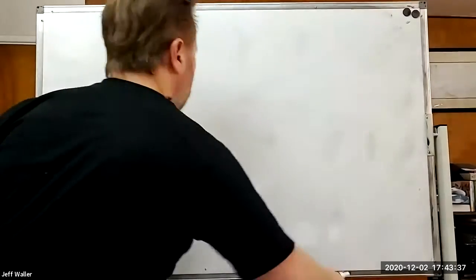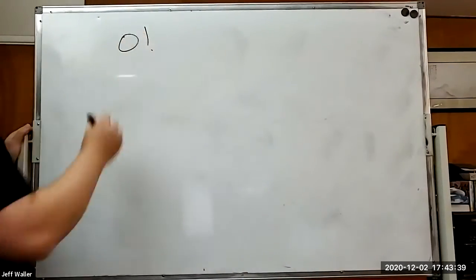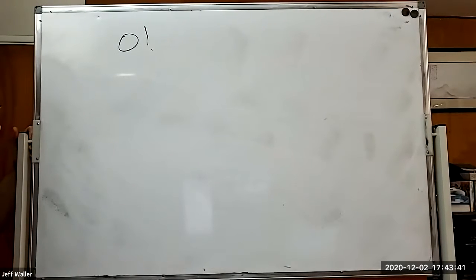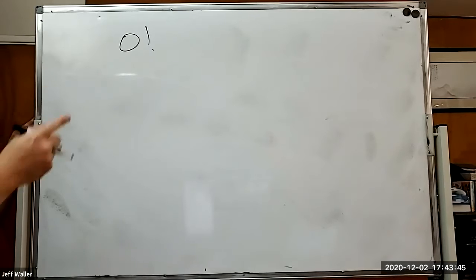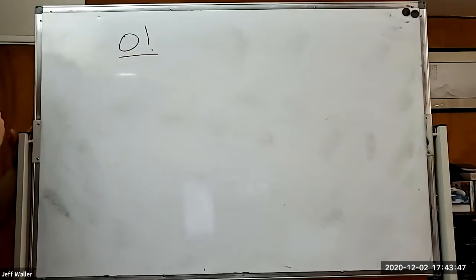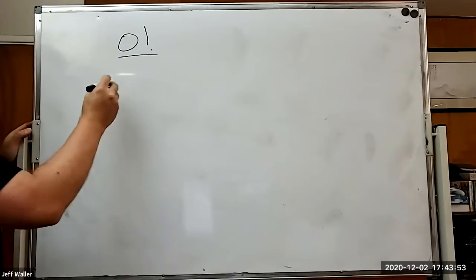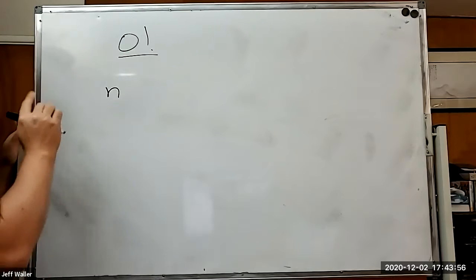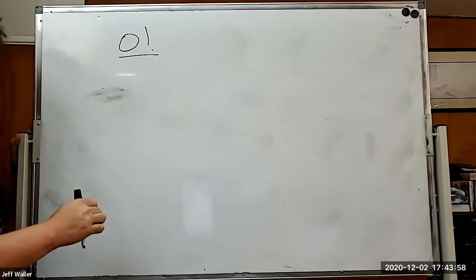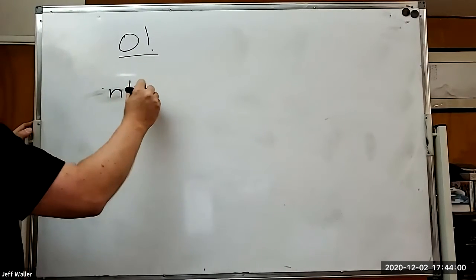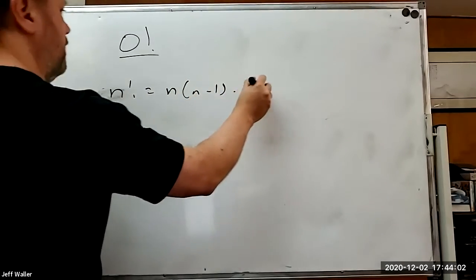Oh, what is this? What do you think that would be? Why does this seem to not be able to work with this idea? Does it have to be larger than 1? It seems like it should be, right? N factorial is n times n minus 1 all the way down to 1.